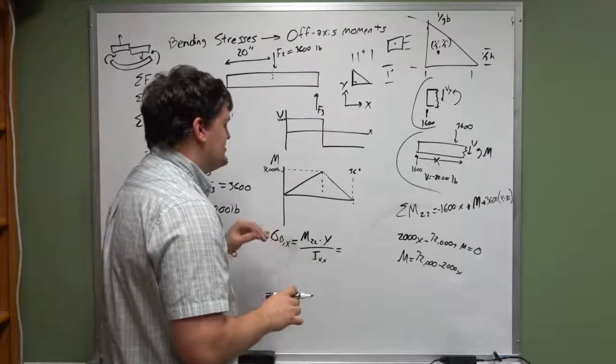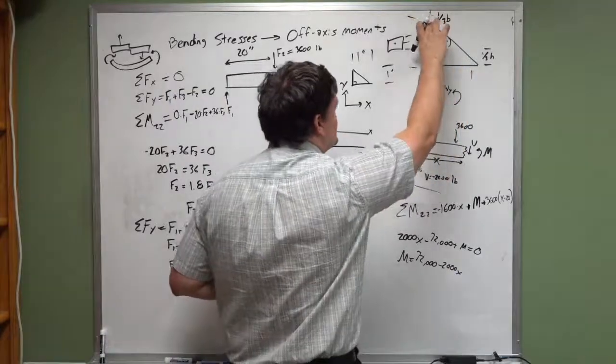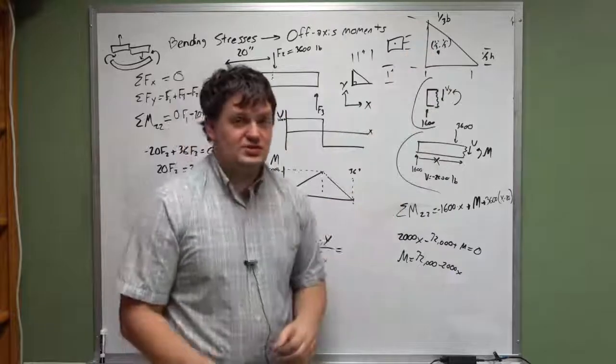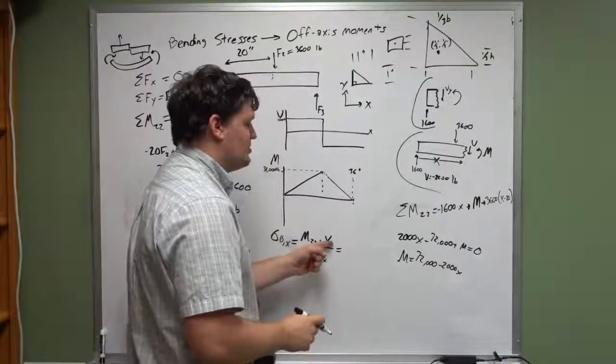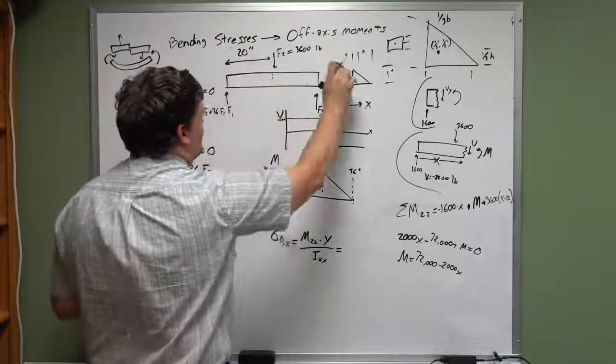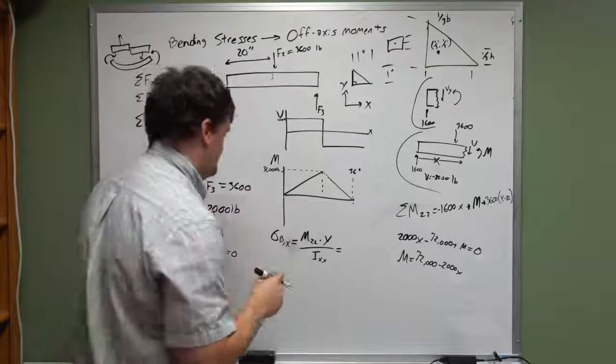So what I'm going to do is not take into consideration the bottom here. I'm only going to take into consideration the top. The distance from the centroid to the top is 2/3 of an inch, so I'm going to put 2/3 of an inch in for Y. I know that Y on the top is going to be in compression.